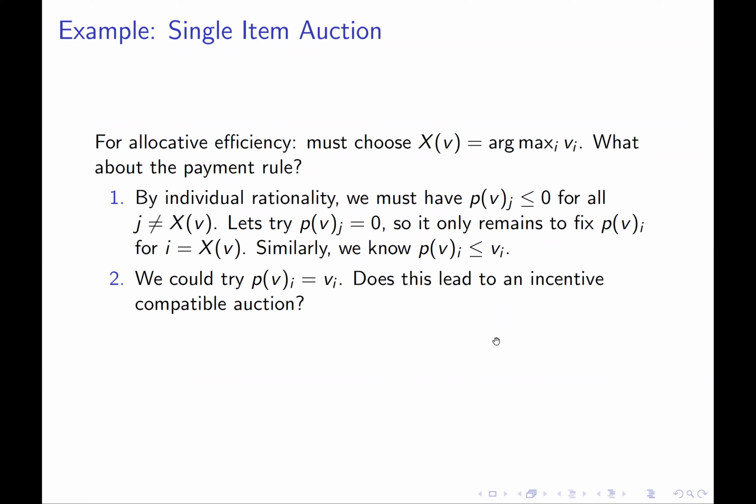And if you get the item, you have to pay me exactly the value that you reported. Will this be an incentive compatible auction? What do we think? If I say the person who reports the highest valuation gets the item and pays me their reported valuation.